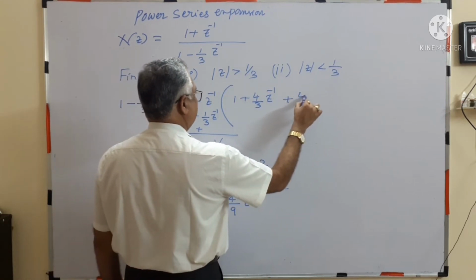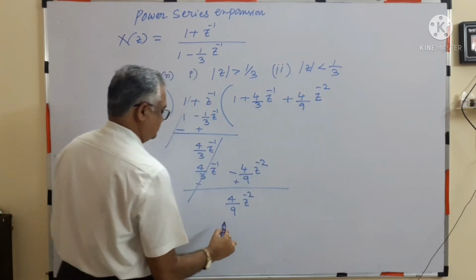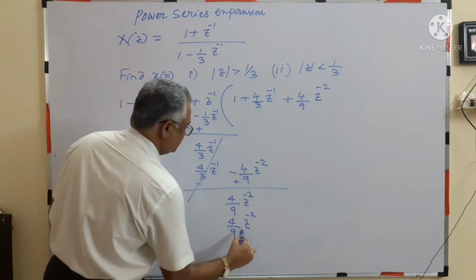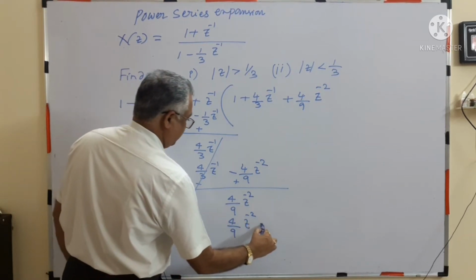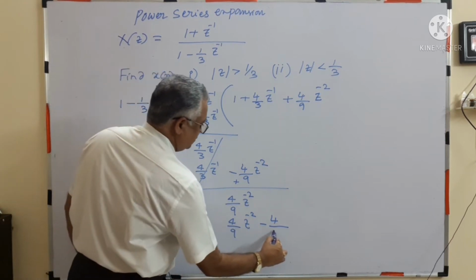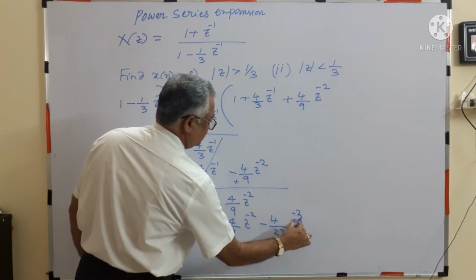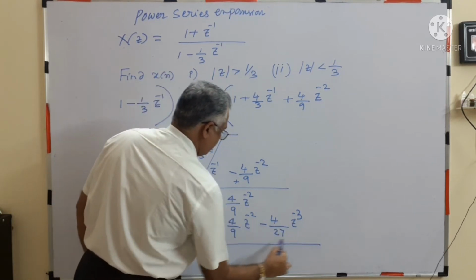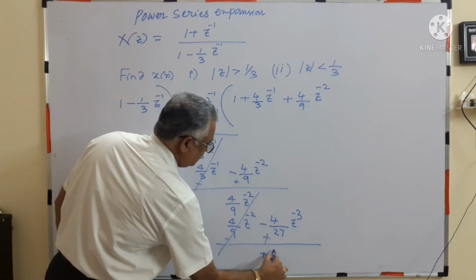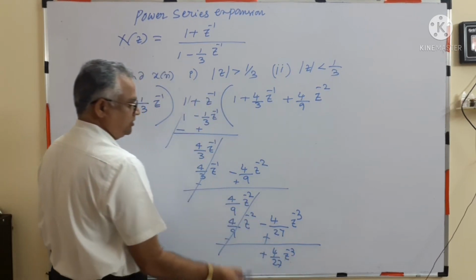Again plus 4 by 9 z power minus 2. Then minus 4 by 9 into 3, 27 z power minus 3. So minus plus, this cancels, plus 4 by 27 z power minus 3.